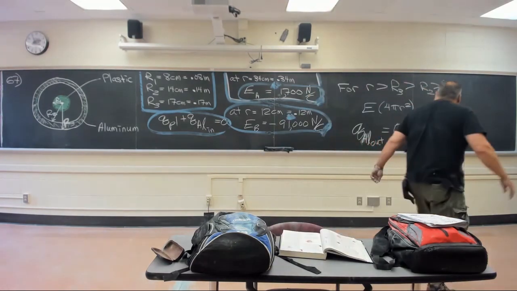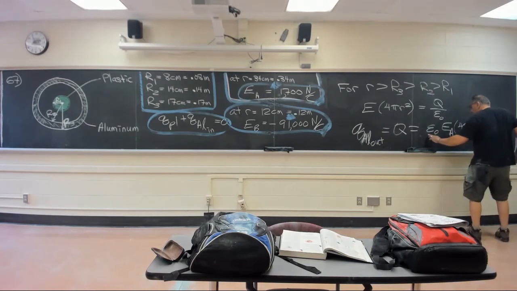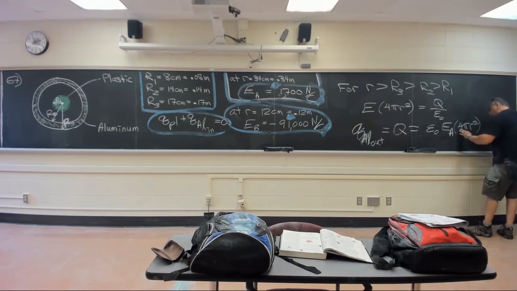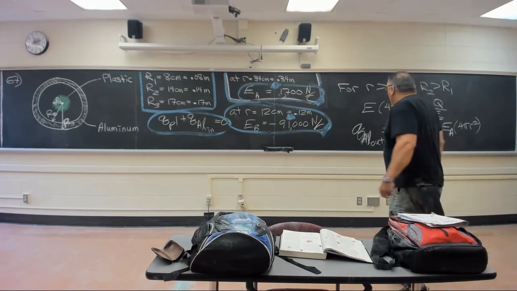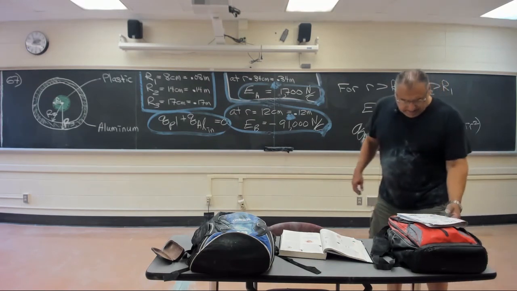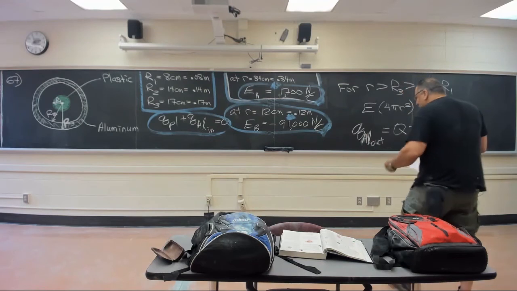So 8.85 times 10 to the negative 12, 1.7 times 10 to the positive 3, 4 times pi times the quantity 0.34 meters squared. You do all that song and dance, guys, and again the numbers aren't going to be big.